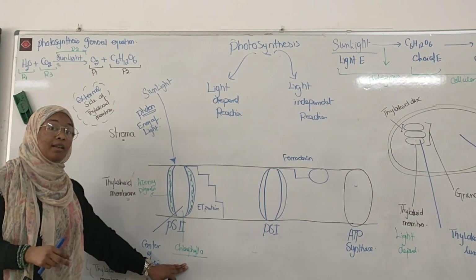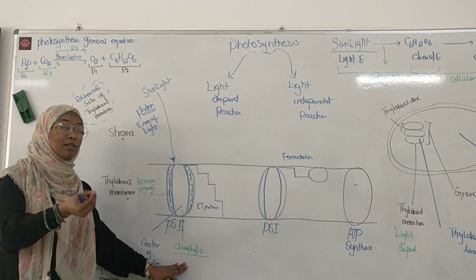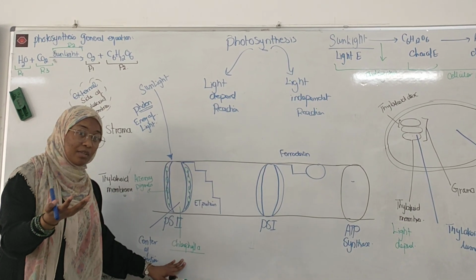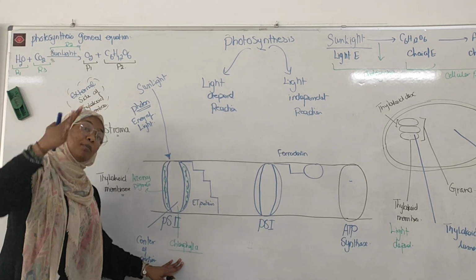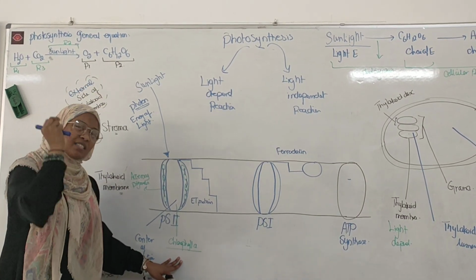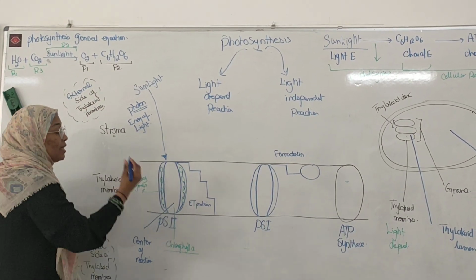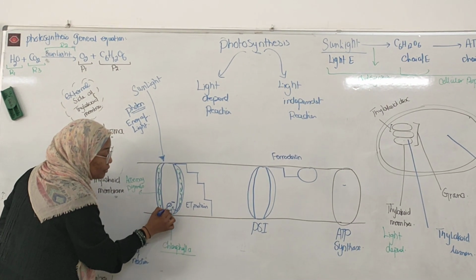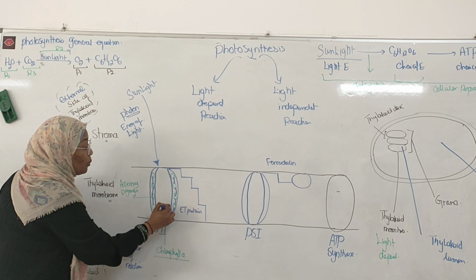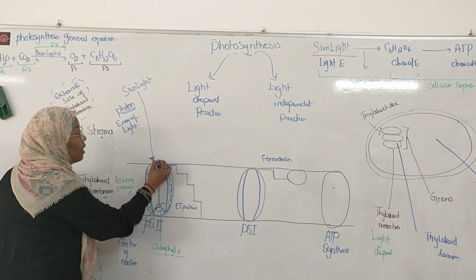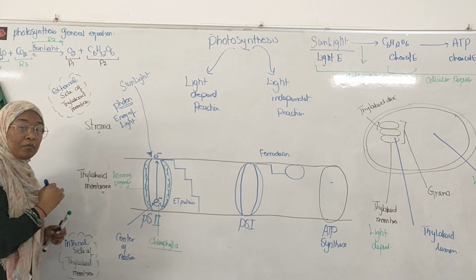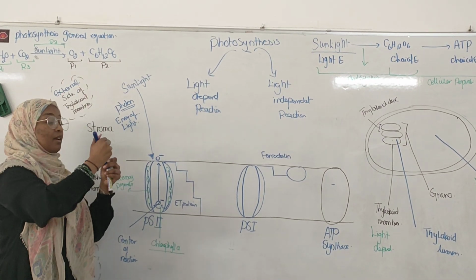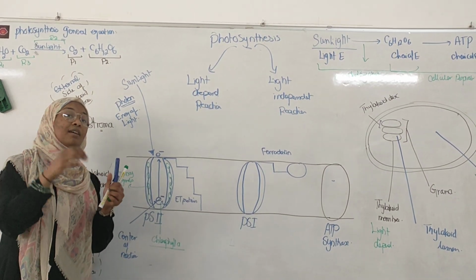You know that chlorophyll is a molecule, and every molecule has its valence electrons. What happens to the electrons when they are excited? They jump to a higher energy level. That's precisely what happens. The electrons of the chlorophyll that receive the photons of light will be excited to a higher energy level. Now, this electron is very excited, and we can never leave an excited electron.